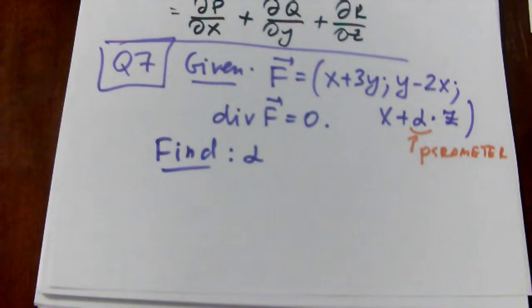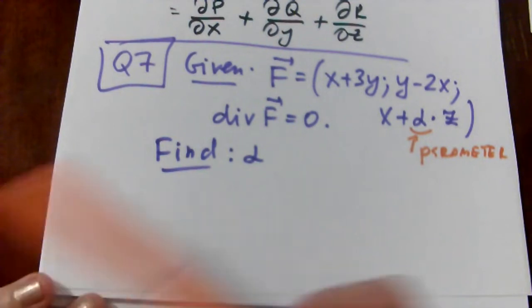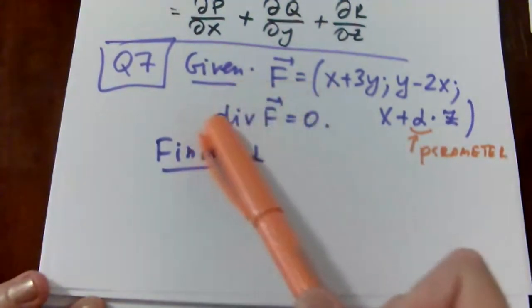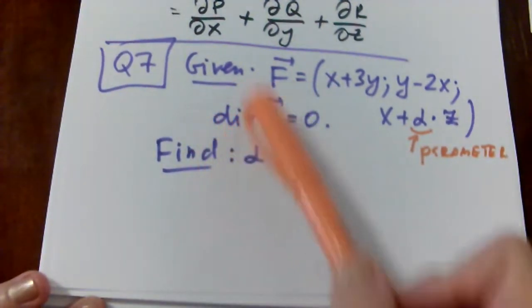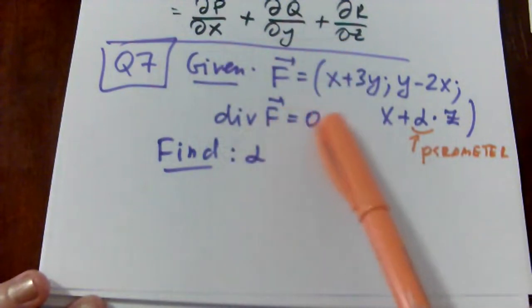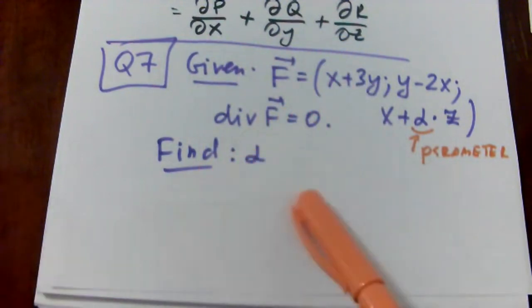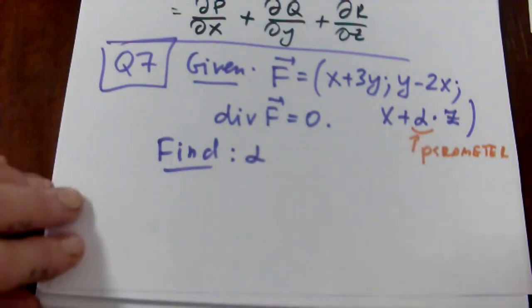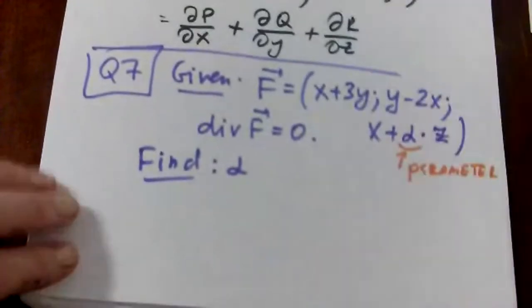And all you need to do to solve this question is know the definition of divergence. You need to know this formula. So you need to apply this formula, set it equal to 0, and you will get some equation from which, hopefully, you will be able to find this alpha. That's it, very easy task. It doesn't require any understanding.